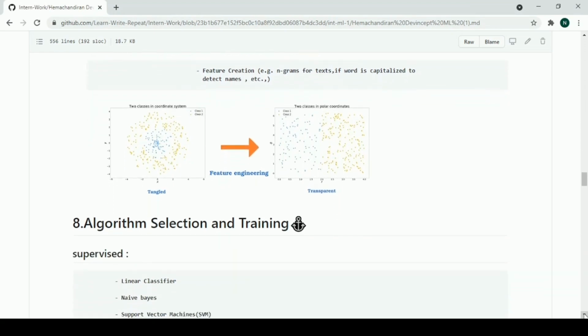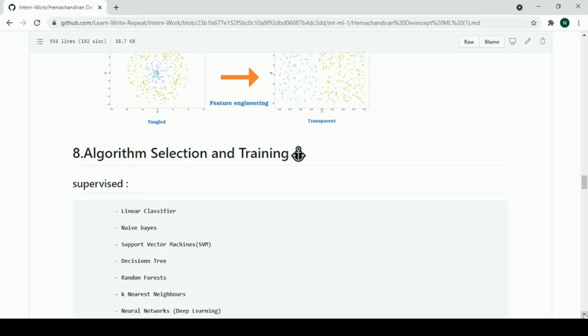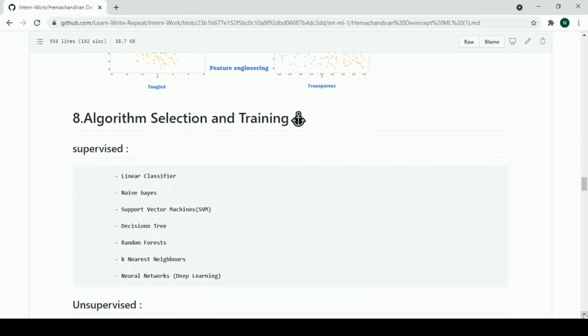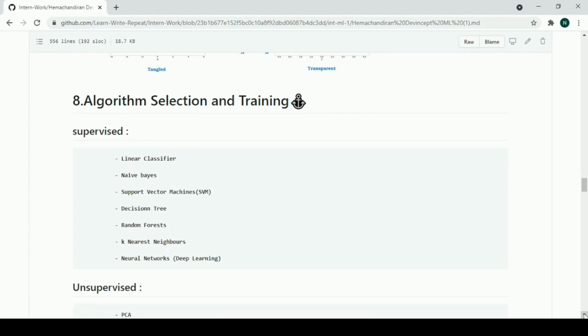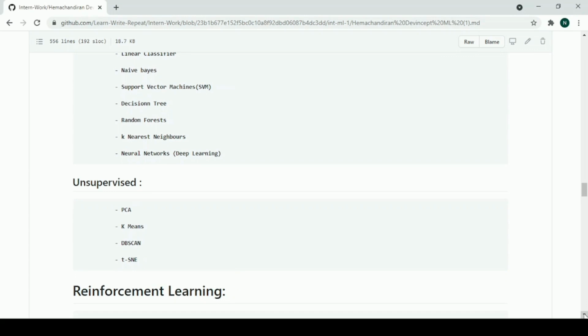Coming to algorithm selection and training, these are categorized. In supervised learning we have linear classifier, naive Bayes, SVM, that is also called support vector machines, decision tree, random forest, KNN, that is K nearest neighbors, and neural networks, which are used in deep learning. For unsupervised learning, PCA, K-means, DBSCAN and t-SNE are used.